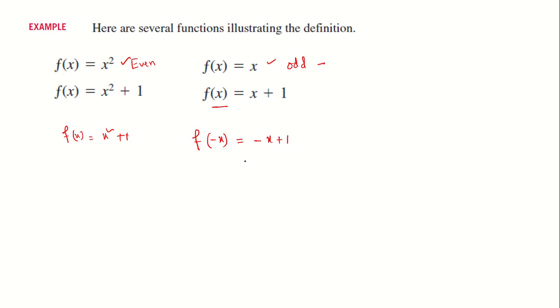Then from here, can we rewrite this as negative f of x? If we take the common negative sign, then we have only x minus 1, right? But the function is x plus 1. So we can't write this.